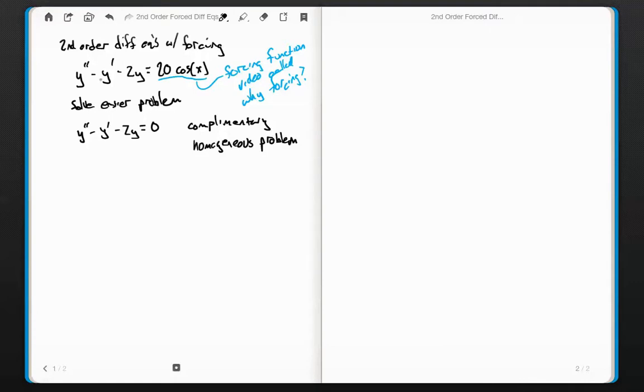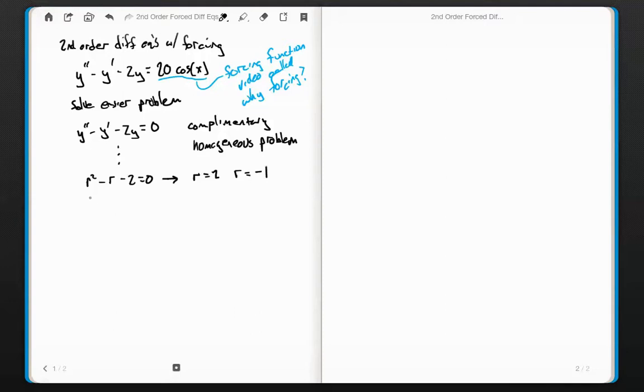All right. We know by now that after some toil, we will get r squared minus r minus 2 equals 0. And from that, hopefully by now, second semester calculus, you can say that r will equal 2, and r equals -1.